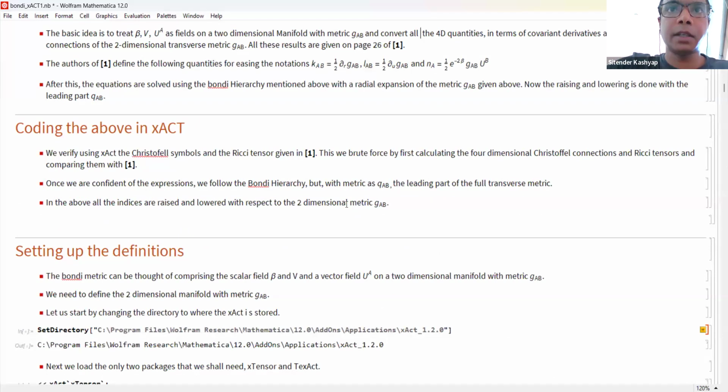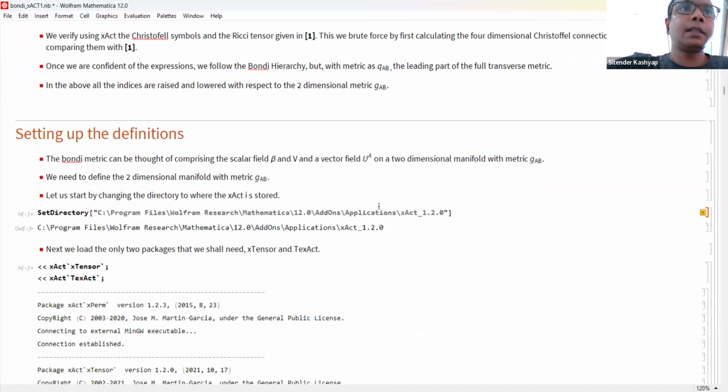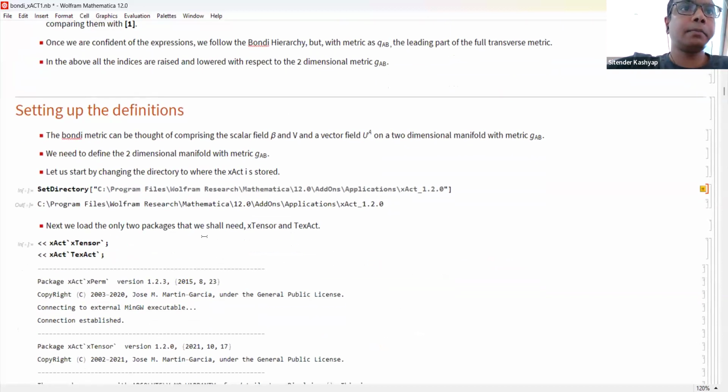The one which I am using right now, here we will be verifying the results of the paper, and the metric will be the two-dimensional metric GAB, and in the next notebook the metric will be QAB when we actually illustrate the Bondi hierarchy. Okay, so with this let us set up the definitions.